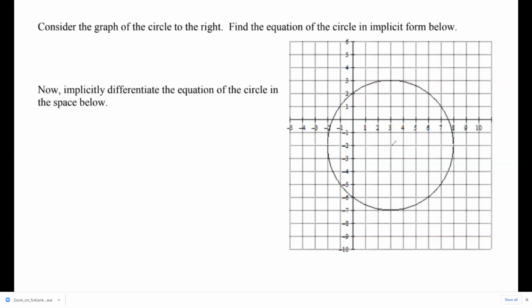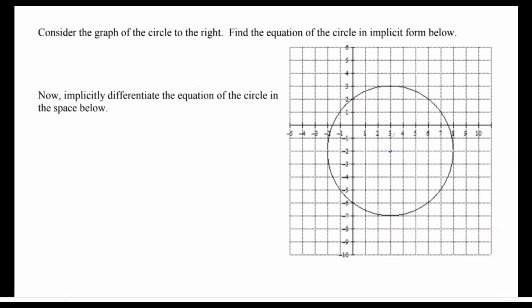So let's find that center first. We're at 1, 2, 3, 4, 5. 1, 2, 3, 4, 5. We're good. That's 3 and 2. 3 to 8 is 5. So our center right here is at 3, negative 2, and our radius of this circle is 5.